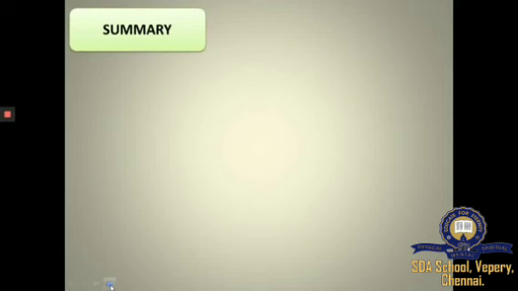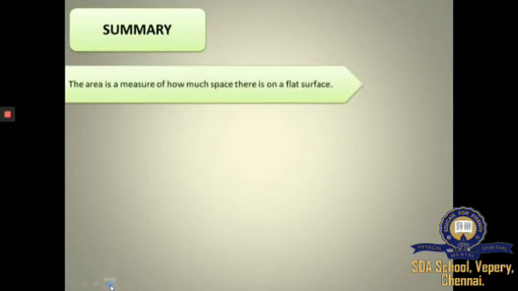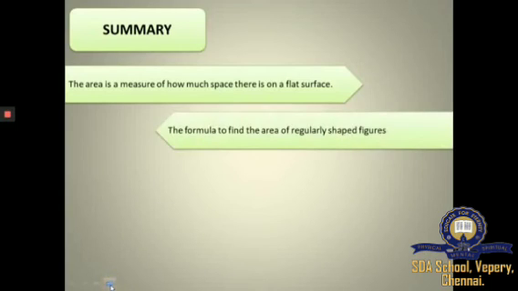Summary: we will see a quick review of what we learned in today's class. We learned about area. The area is a measure of how much space there is on a flat surface. Next we learned how to calculate the area of regularly shaped figures. We also found formulas for square, rectangle, circle, and triangle.